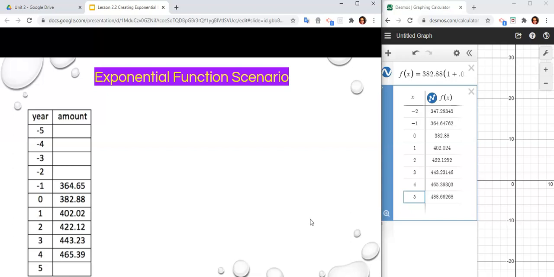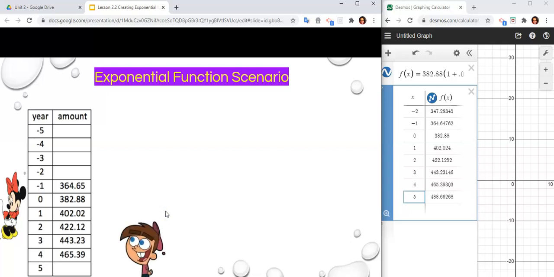Now, so Minnie, she became so intrigued, okay, by this whole money idea, because everybody likes money, right? So she wanted to look at, well, you know, what was our account looking like in previous years? I wonder if I could calculate that.